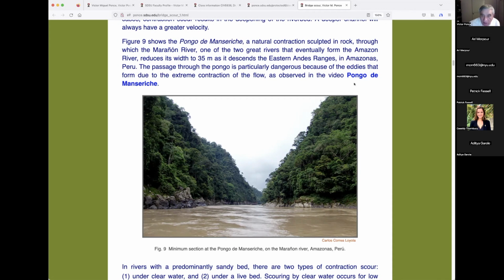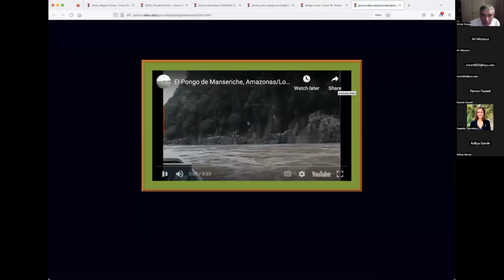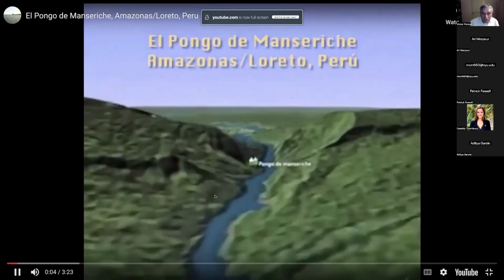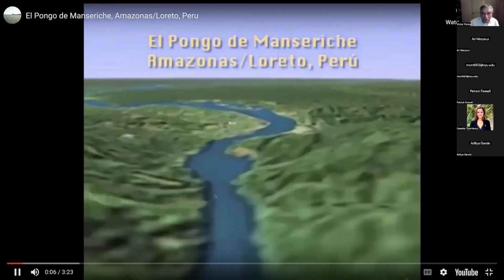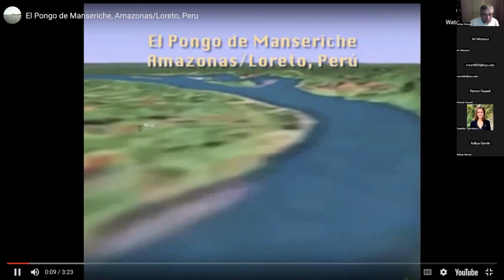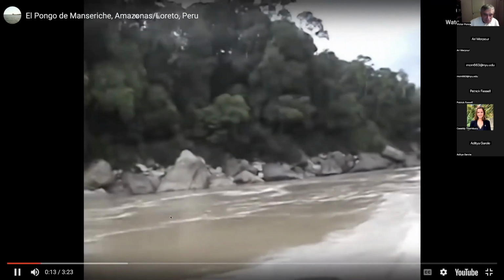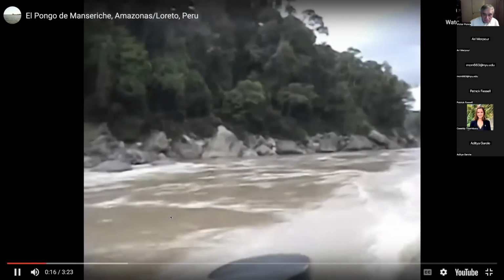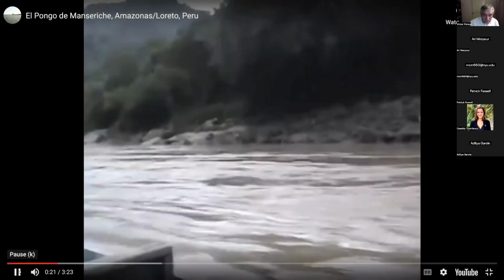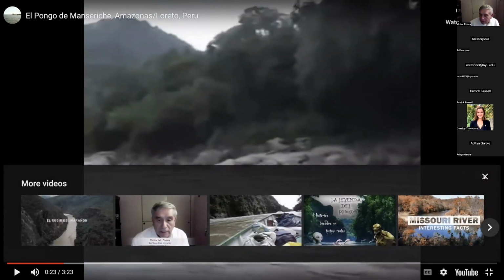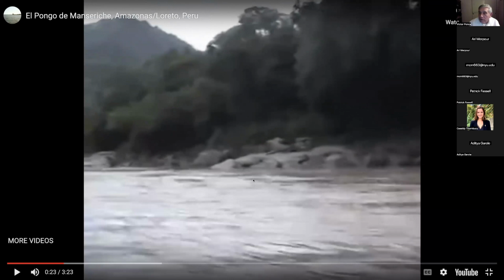So let's take a quick look in here. This is a very dangerous situation due to the vortices and all sorts of dangerous stuff.